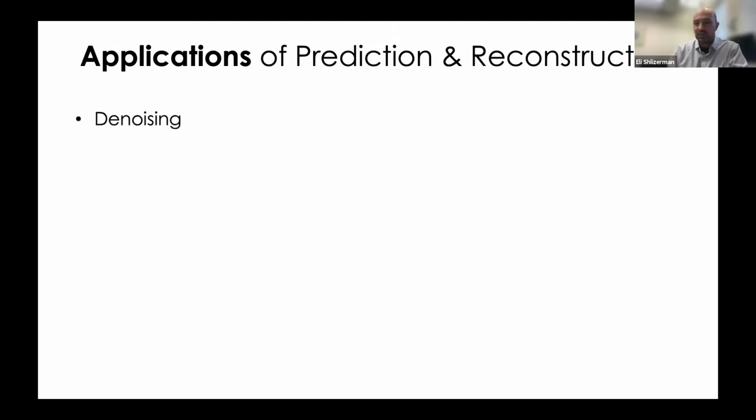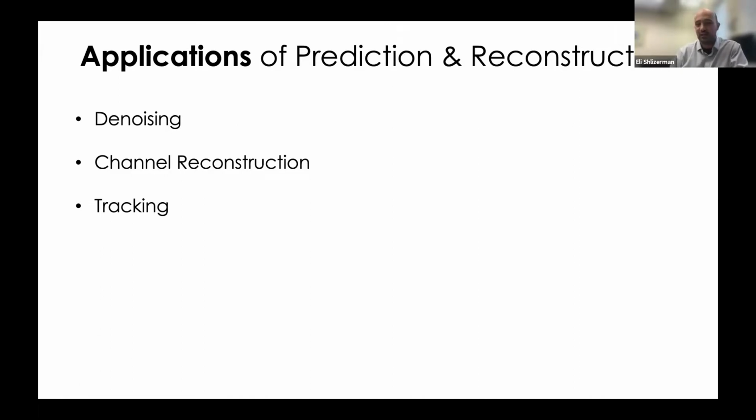I just wanted to mention that this task of prediction and reconstruction is already useful in terms of denoising the data, in terms of reconstructing some channels that are maybe on a slower scale, and in terms of tracking movement. Channel reconstruction would be completing spatial information, and tracking would be completing temporal information.